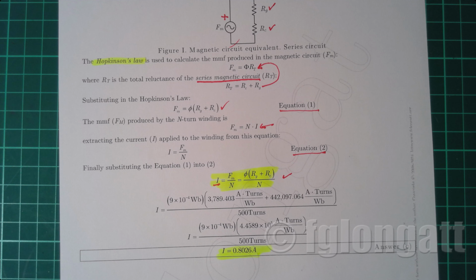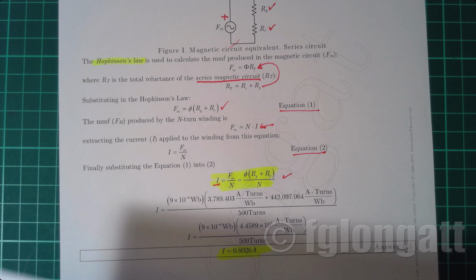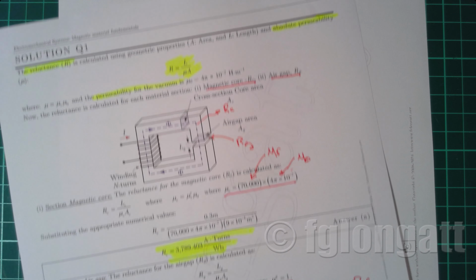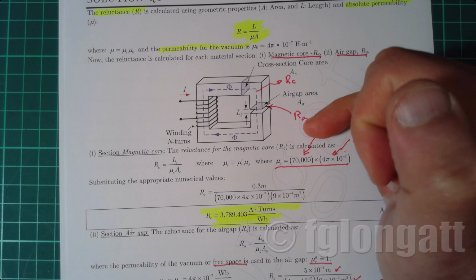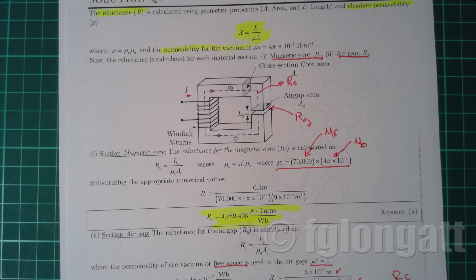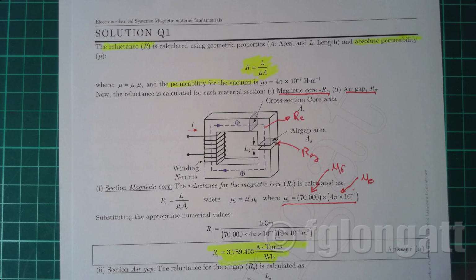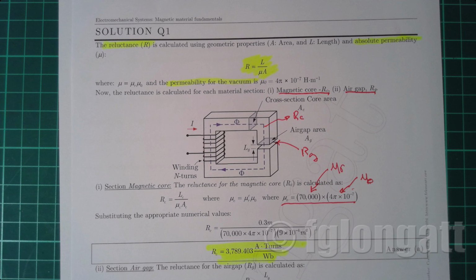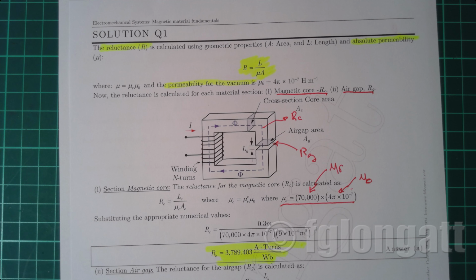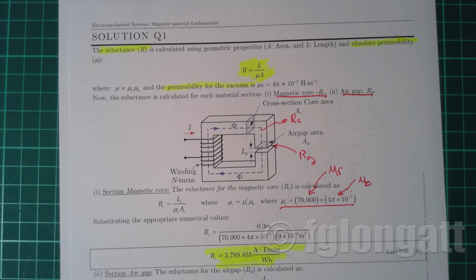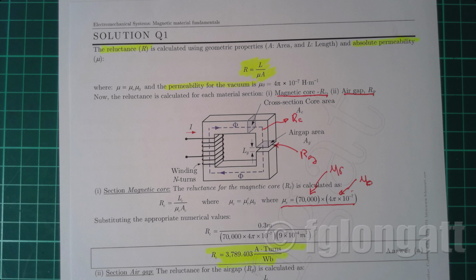So now we have calculated the current, the answer for question C, and that is the ending of this problem. However, before we finish this video, I would like to remind you that we learned about magnetic properties, and these magnetic properties can be represented by reluctance. Reluctance is a macroscopic property that depends on the geometry of the body, but at the same time on the permeability of the material.